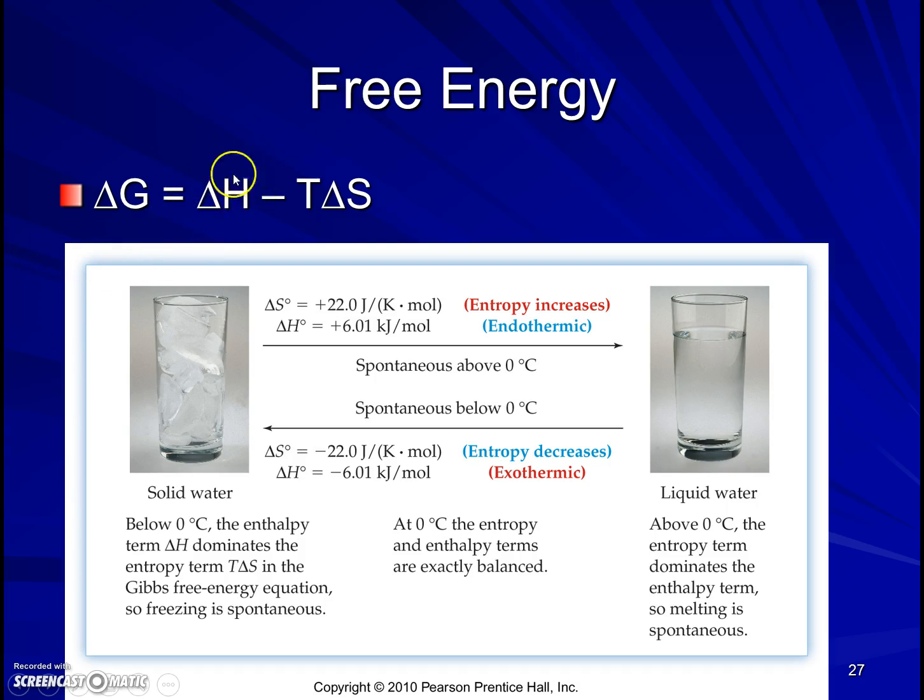Delta H is positive, and so that hurts the process being spontaneous. So right at 0 degrees, 273 degrees Kelvin, is where delta H and T delta S for that process are equal, and you can see that in the math below here. And so that is the temperature at which melting for ice goes from being non-spontaneous to spontaneous.